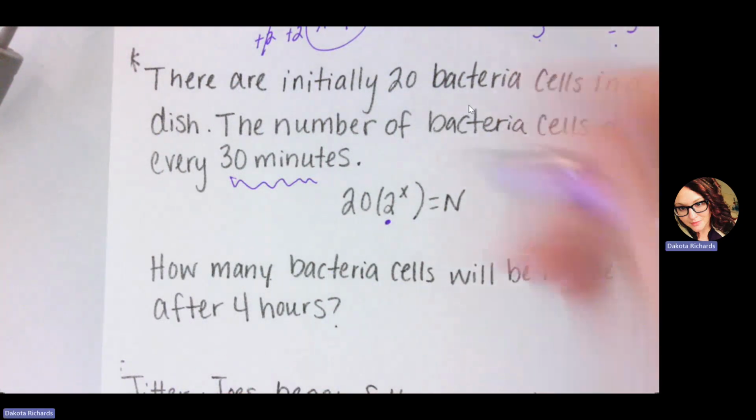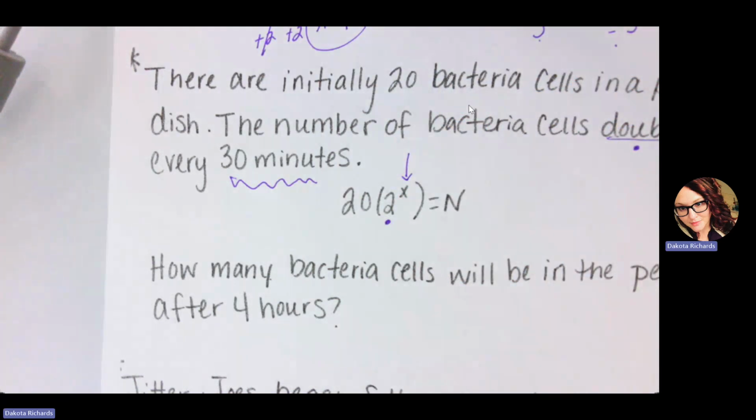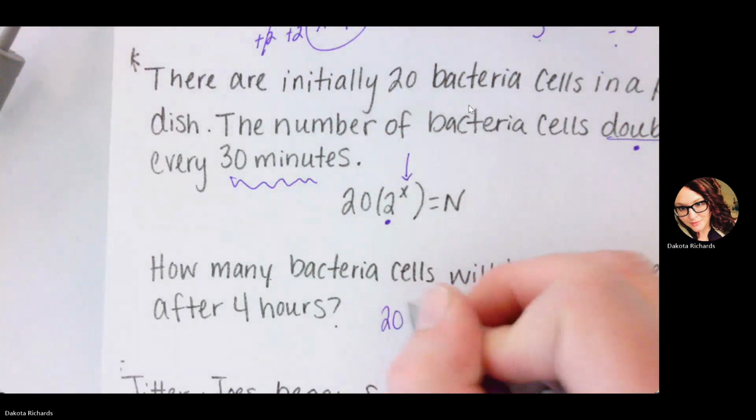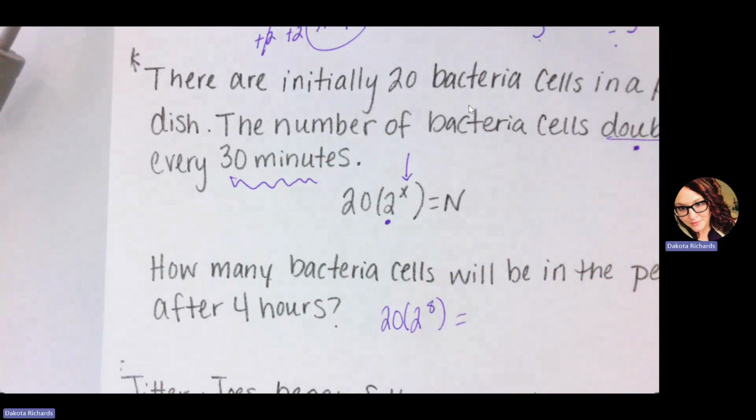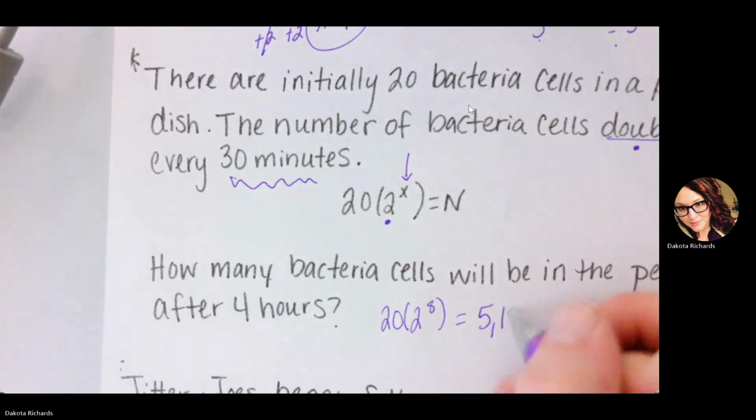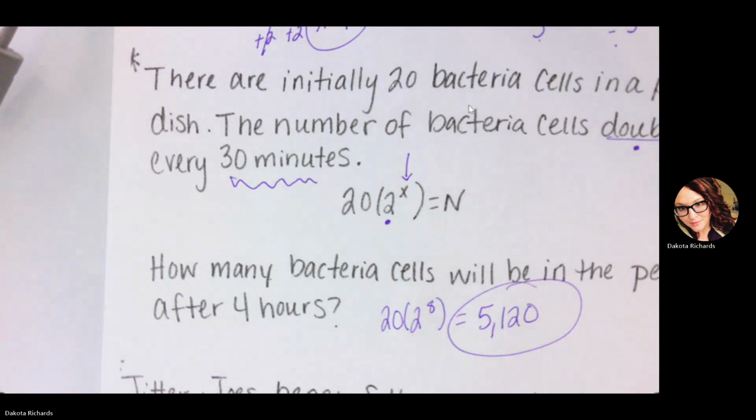So what you're going to do, you're going to put in an 8 for x. That's going to be 20 times 2 to the 8th power equals what? 5,120. You have a test question just like this with different numbers.